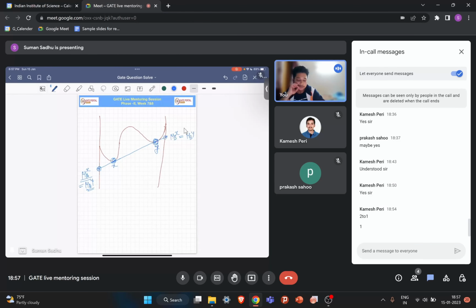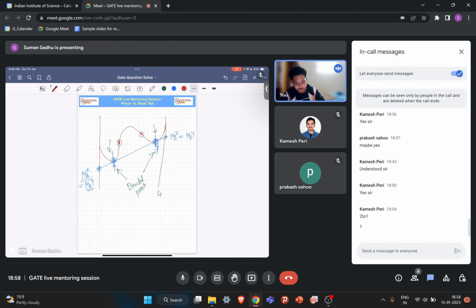So what are these two points called? Does anyone know? These two points are called binodal points. And what are the spinodal points? Spinodal points will be somewhere here.